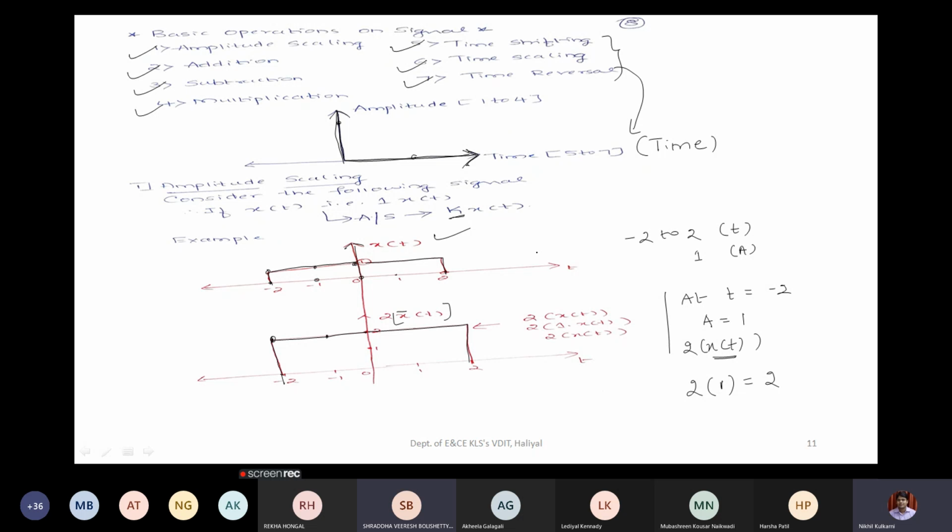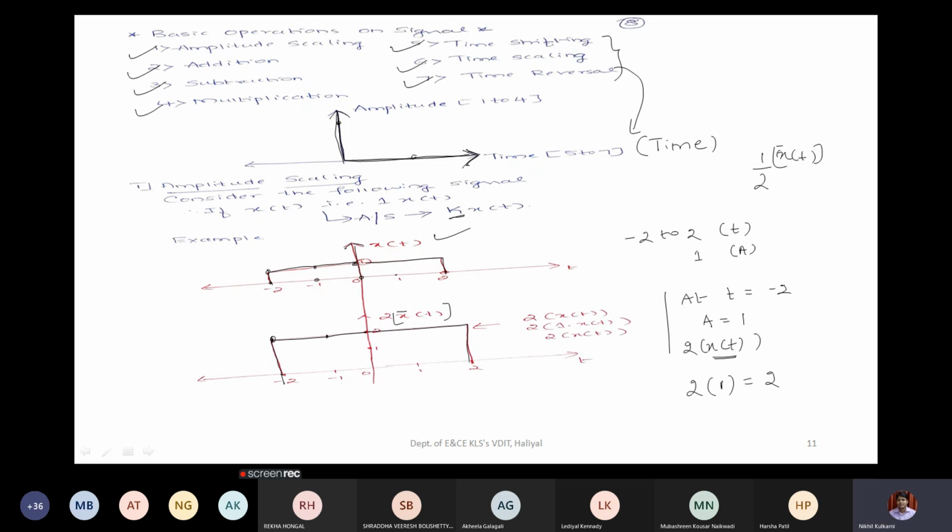Suppose if you multiply by 2, I have given you 2x of t. If I give you half of x of t with respect to amplitude, what will happen?